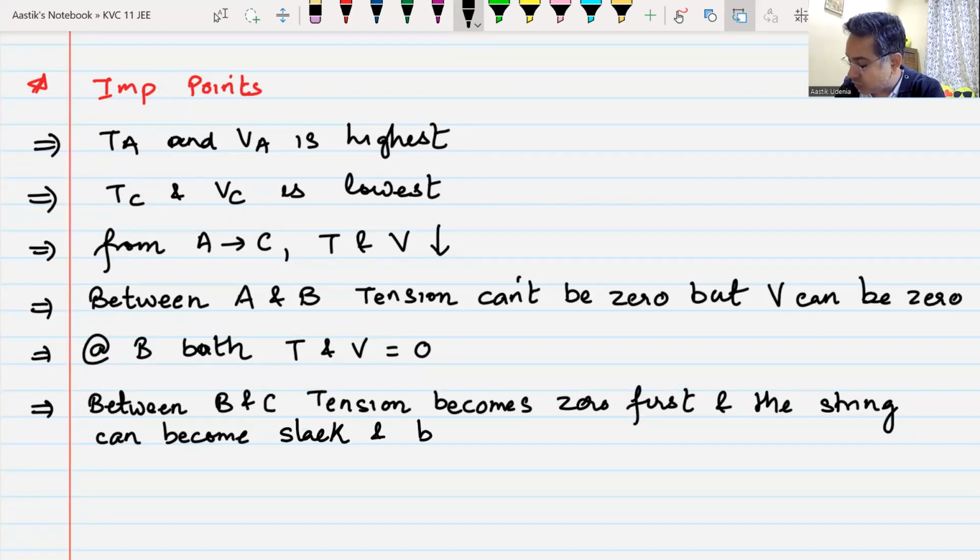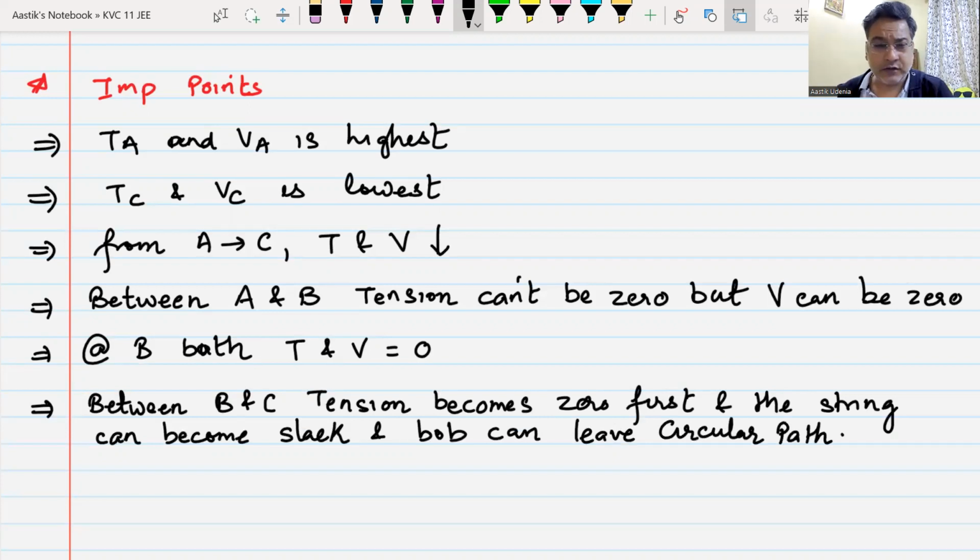And the bob can leave the circular path. Do we understand this? Between B and C, the tension can become zero before the velocity becoming zero. The bob can leave the circular path and follow projectile motion.